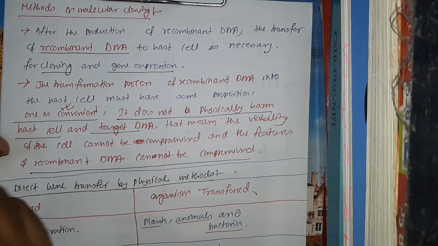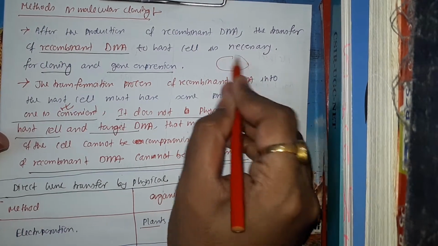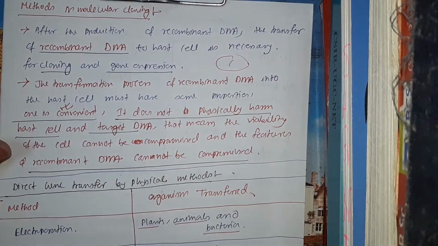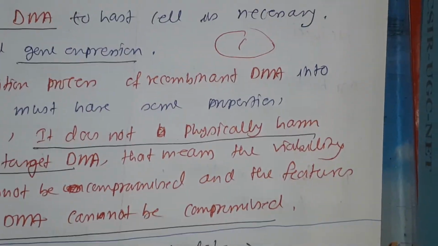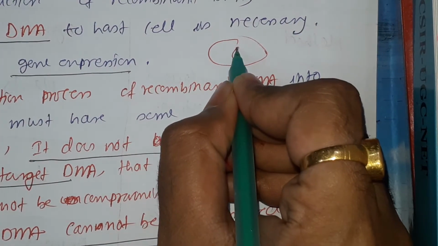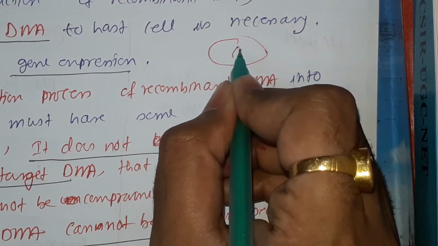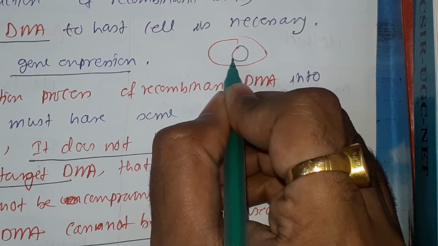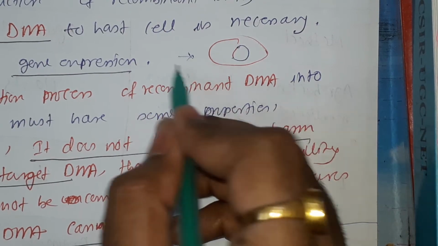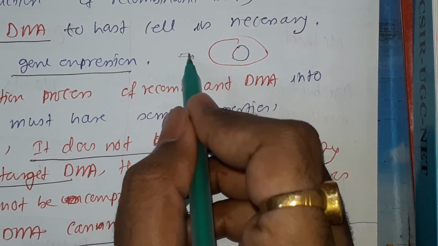Because in the host cell we need to replicate the gene of interest. Suppose this is the host cell, and this red marked portion inside is the gene of interest along with the vector. This is the situation once the transformation procedure is completed.